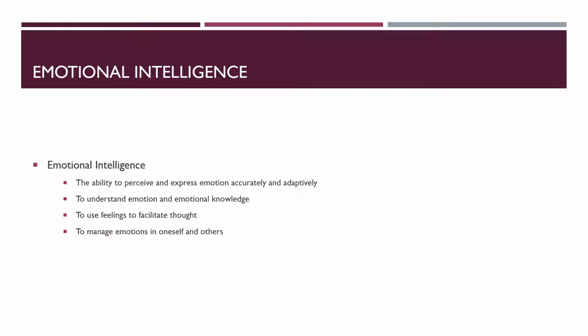In this approach, we're looking at people who are able to both perceive emotions in other people, but also to express their own emotions, both accurately and in a way that makes sense given the context. They understand their emotions, emotion knowledge. They use their feelings to facilitate thinking, and they are also able to control their emotions.